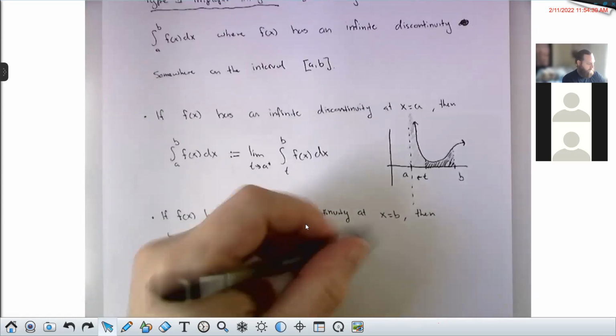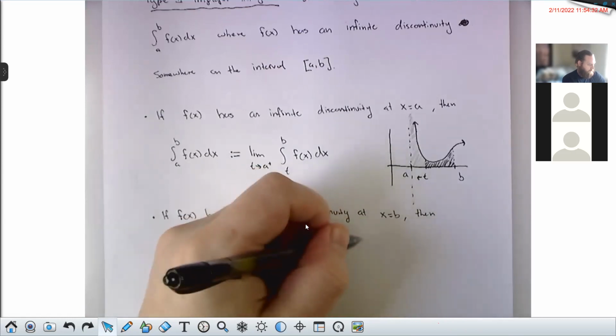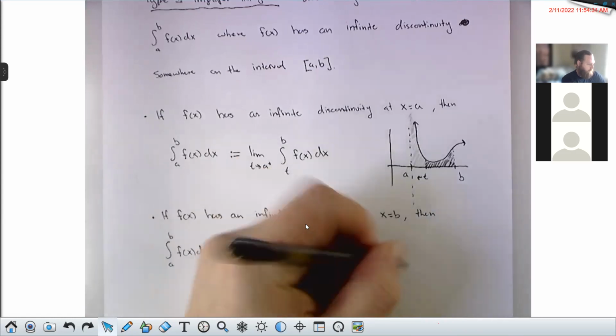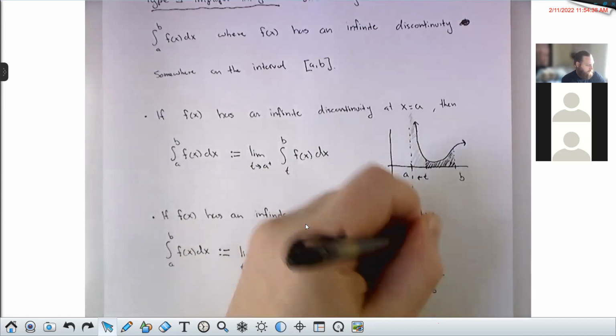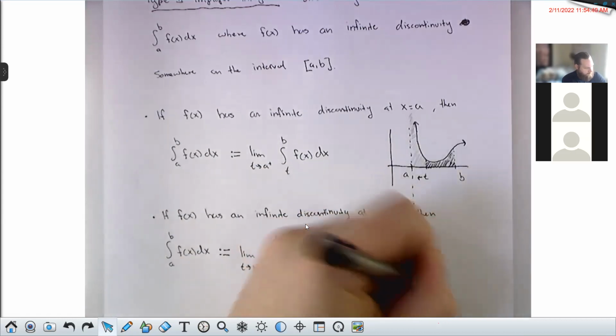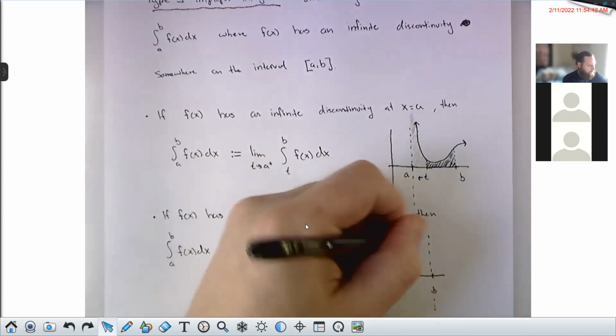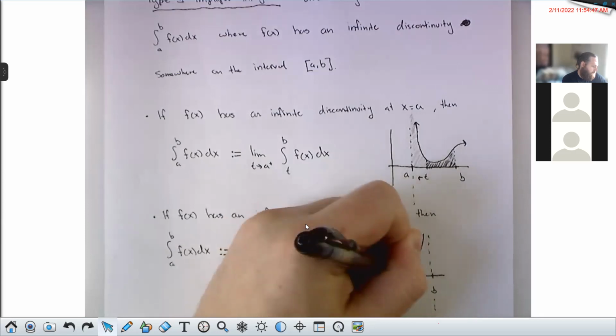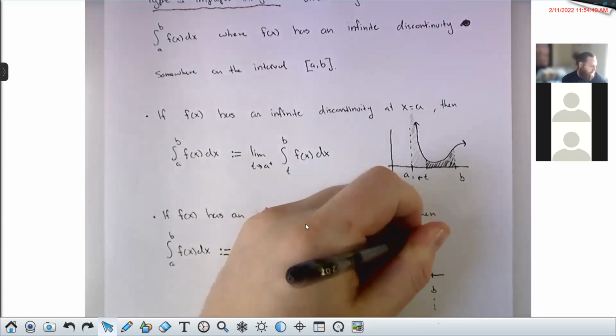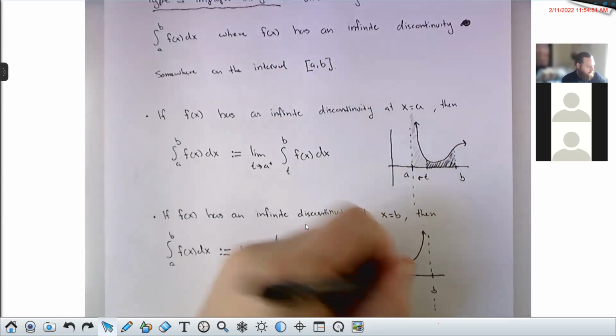And the picture here, and here's b. Here's my infinite discontinuity. Here's a.